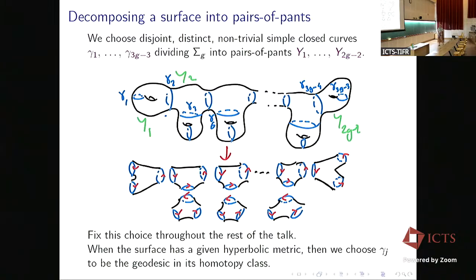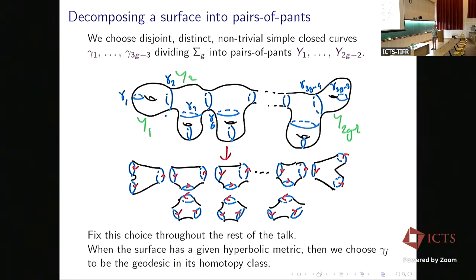I'm also going to do a further simplification, which is not necessary for the construction, but really helps the exposition a lot. Whenever we have a handle, when we're closing a handle, I'm going to assume that happens within the same pair of pants.